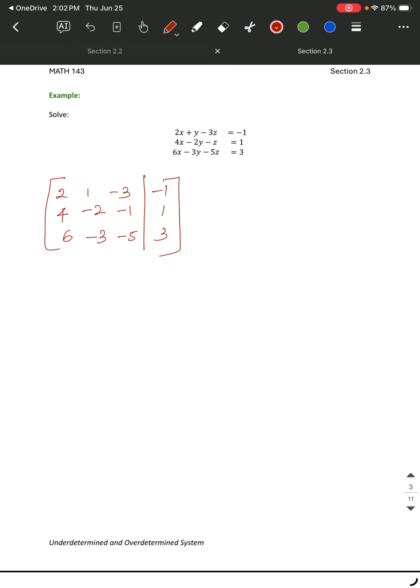Work through the row operations slowly, take your time.